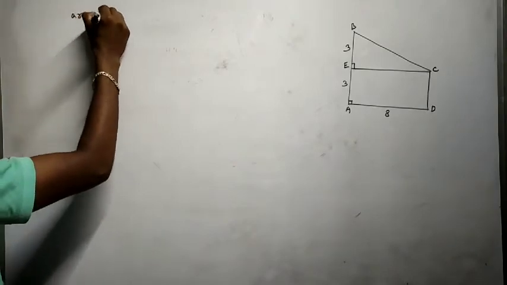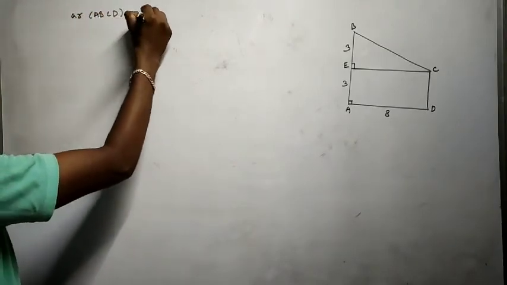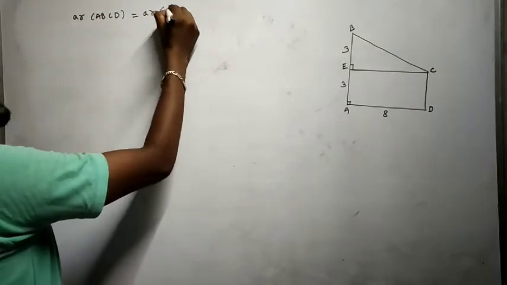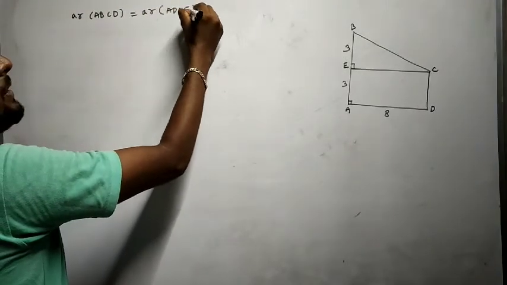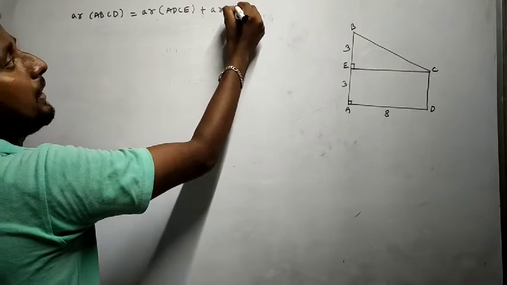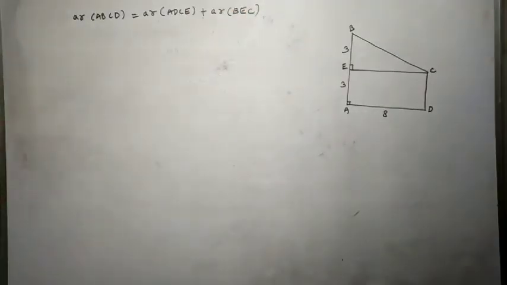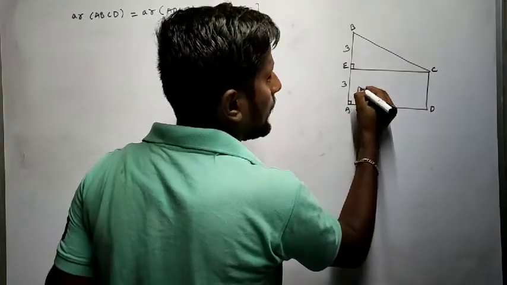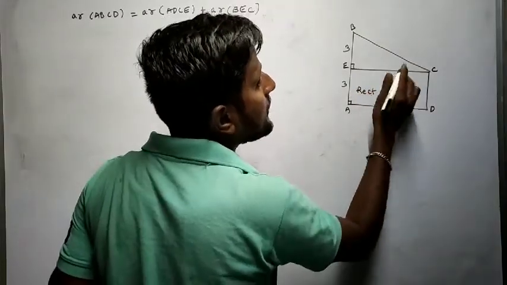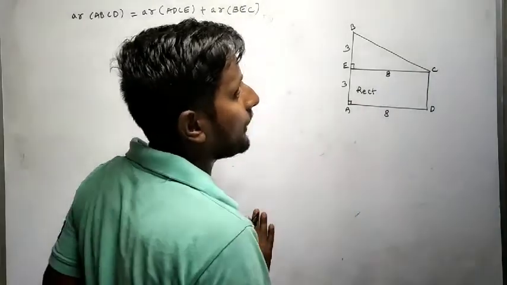Area of ABCD is equal to area of ADCE plus area of triangle BEC, right? Now look, it is a rectangle, right? So rectangle opposite sides are equal, so here 8 only, correct?